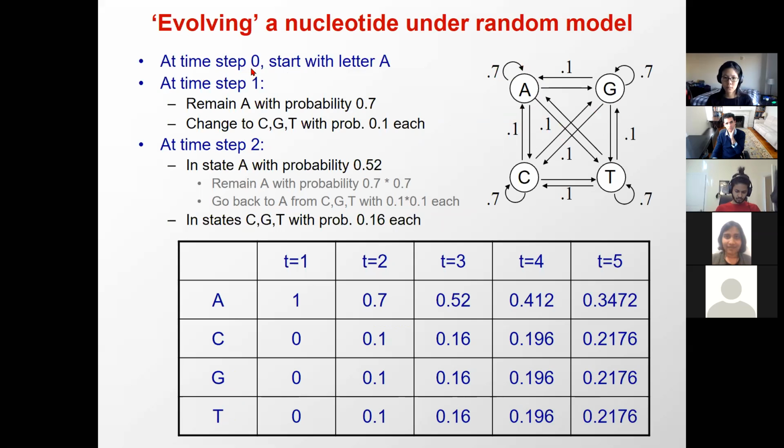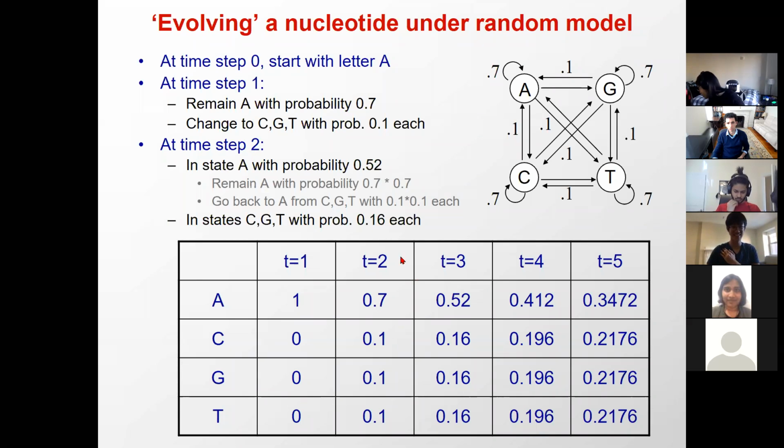So at time step 0, we start with nucleotide A. At time step 1, we can remain an A with probability 0.7, or we can change to C, G, or T with equal probability each. And where it gets really interesting is time step 2, where I can go back into A with probability either 0.7 times 0.7, which is the probability of staying, or back to A with 0.1 probability from each of the other ones.